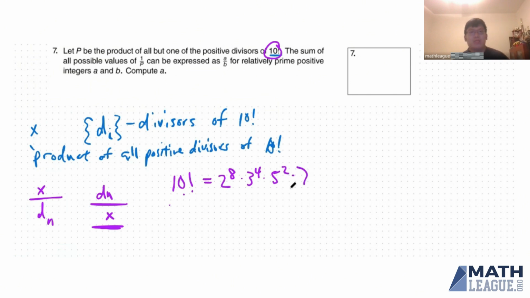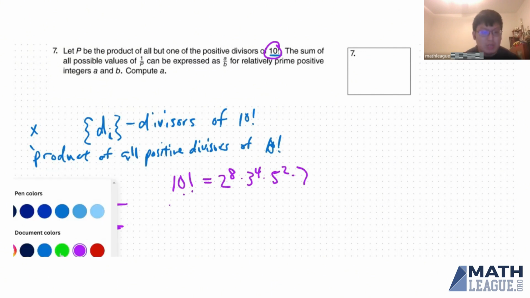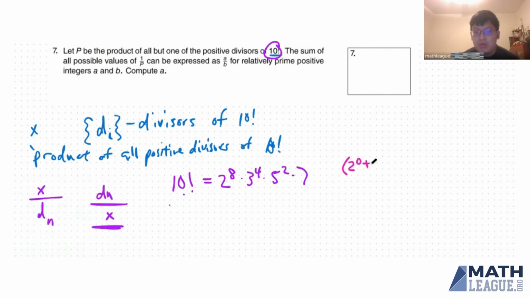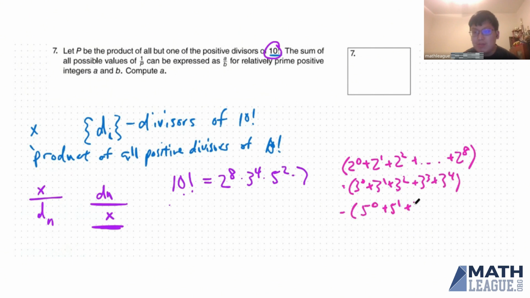So that means that the sum of all of the positive divisors of 10 factorial is going to be equal to 2 to the 0 plus 2 to the 1 plus 2 to the 2 all the way up to 2 to the 8th, times 3 to the 0 plus 3 to the 1 plus 3 squared plus 3 cubed plus 3 to the 4th, times 5 to the 0 plus 5 to the 1st plus 5 to the 2nd, times 7 to the 0 plus 7 to the 1st. And this comes out to be equal to 511 times 121 times 31 times 8. And that's the numerator of our fraction.